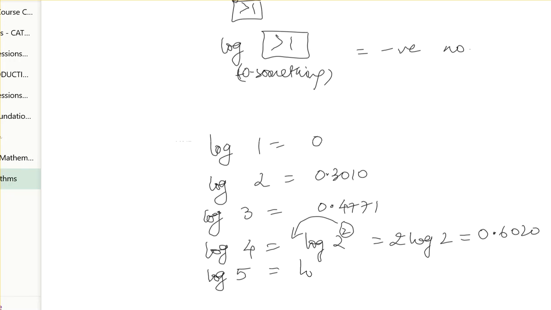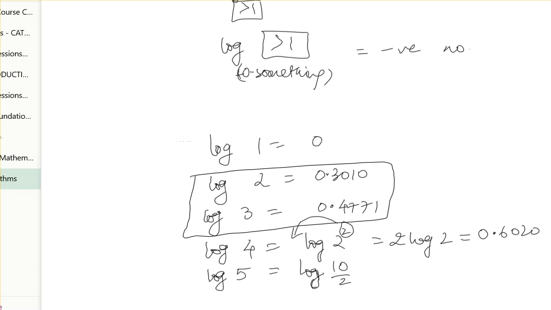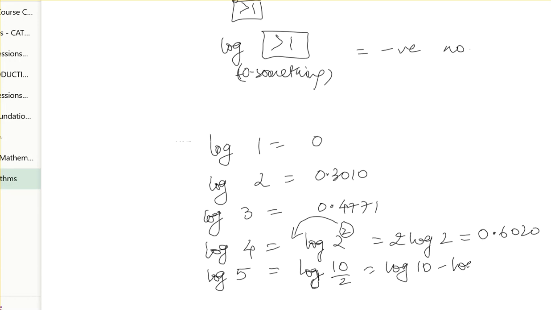Log 5 is basically log 10 by 2, because you are not only given 2 and 3, you already have 10 with you. That log 10 is 1. 5 can be written as 10 by 2. Now log m by n is log m minus log n.